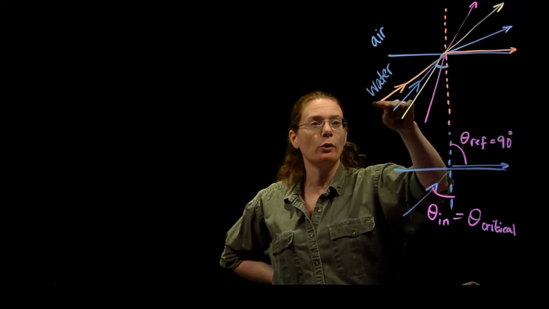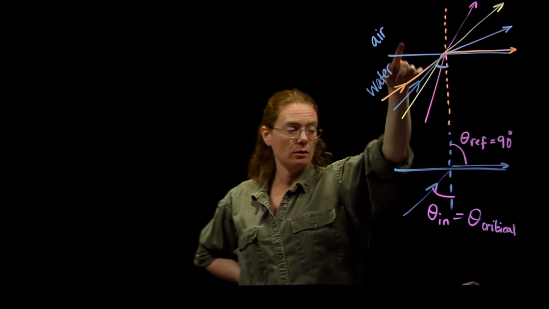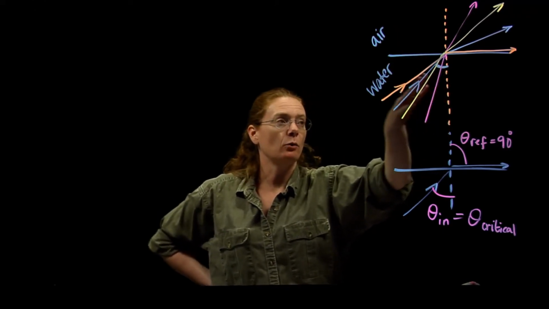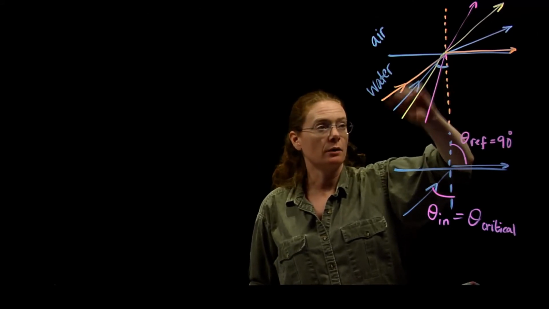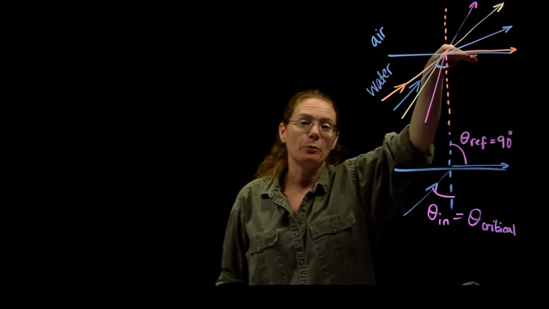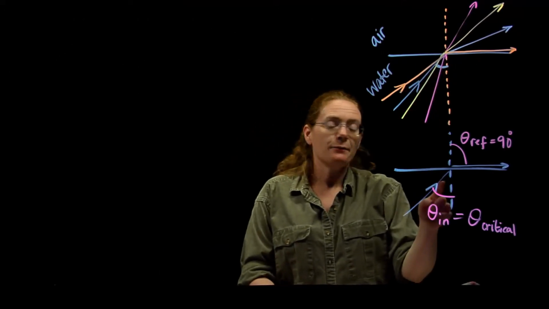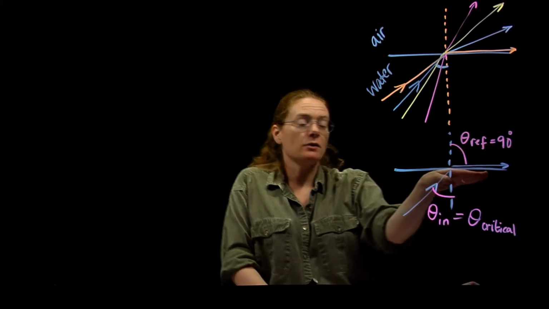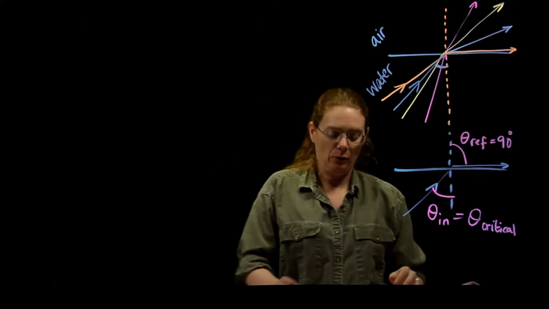We can figure out what the critical angle is, knowing what our two materials are. So let's say we're going from water into air. There's going to be a range of angles at which the light ray in water will go into the air and bend away from the normal. Let's find out what angle it is where it bends so much that it's right at 90 degrees.